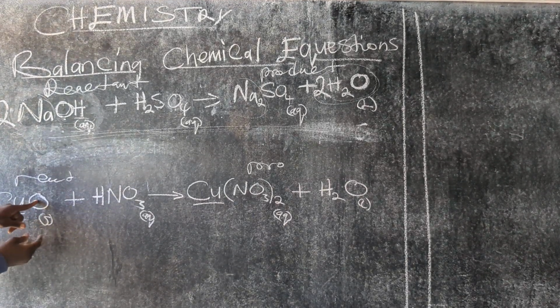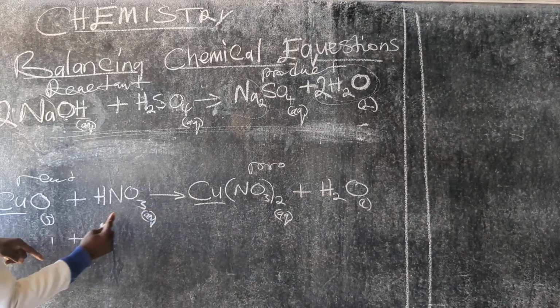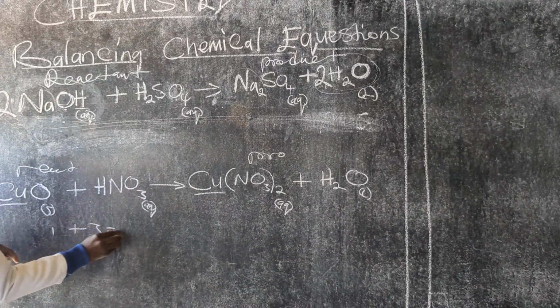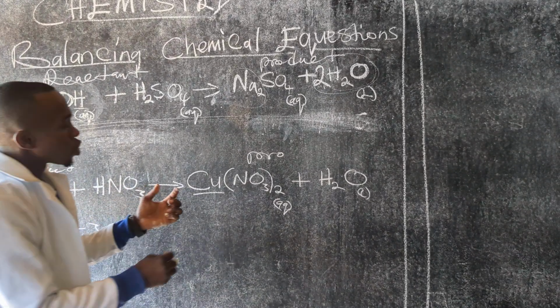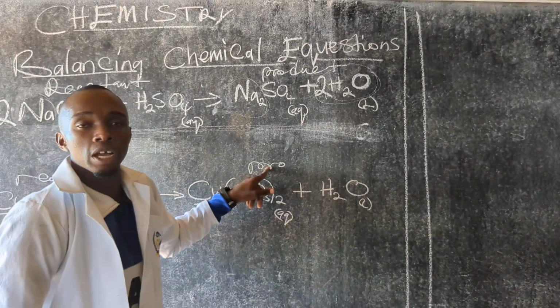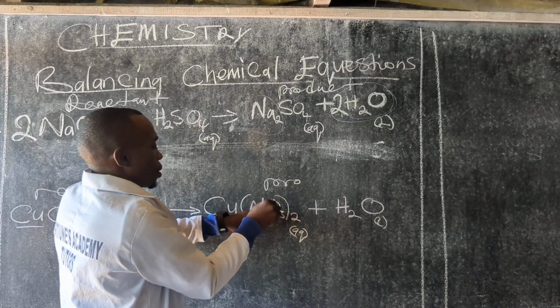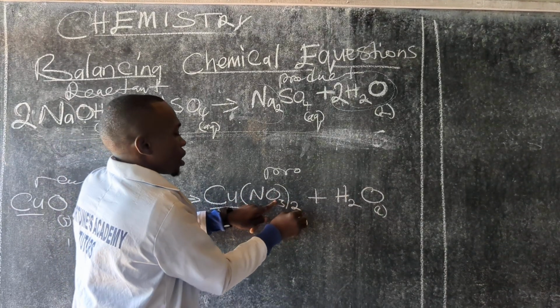We are having oxygen. Oxygen, which is 1, plus this oxygen, which is 3, so it will give us 4. Let us compare it to the number of oxygen that we are having on the product side. So oxygen here is inside the bracket, and there is a number outside the bracket.